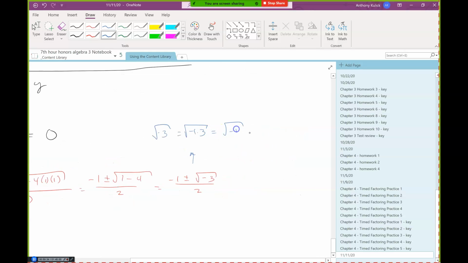And I can make that the square root of negative 1 times the square root of 3, right? Everybody agree there? And the square root of negative 1 is just i. So basically what it comes down to is the negative sign underneath the radical just turns into an i outside the radical. Everybody okay with that?